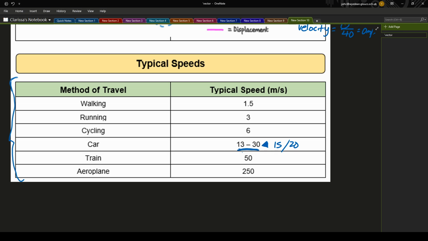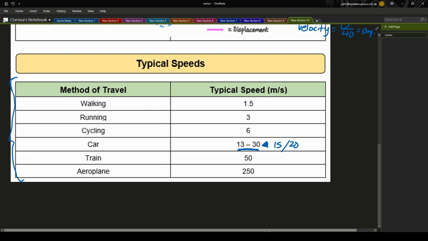In this motion topic, we're going to be working with them a lot, so I'm hoping that over that time you will get used to them more and more. But it is worth putting them on flashcards just as a bit of memorization of these typical speeds. But yes, I'm sorry to be the bearer of bad news for that one.